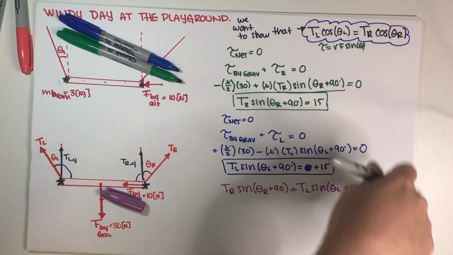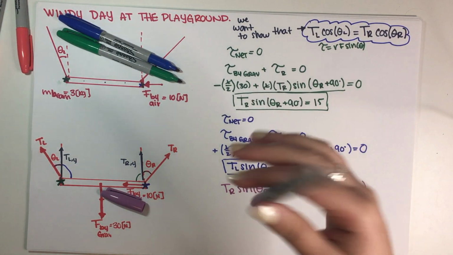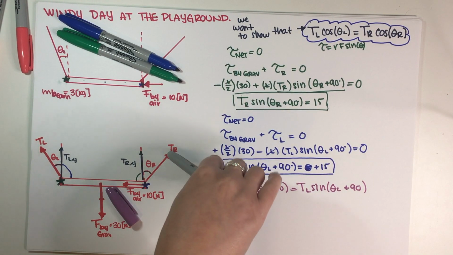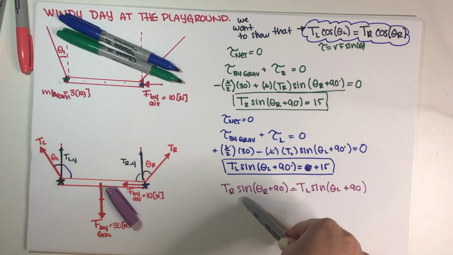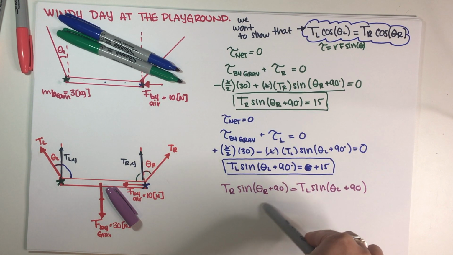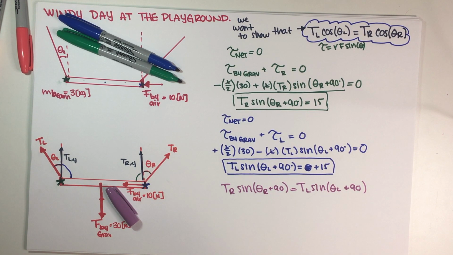So this is almost exactly what we want. The only difference is that what we originally wanted was this cosine, which comes from doing basic SOHCAHTOA over here, and what we have is just this weird sine. First of all, it's a sine, and then it's a sine of this angle plus 90. So this is a little awkward.